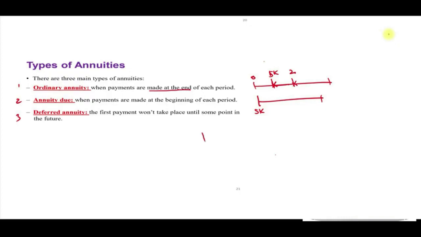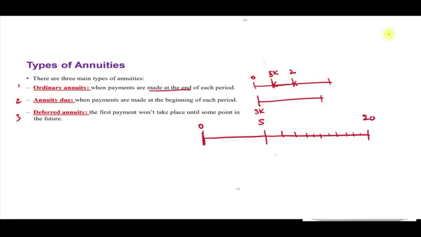And deferred annuity means the annuity starts after some period. So from today, after year 5, I am going to receive equal amounts until year 20.